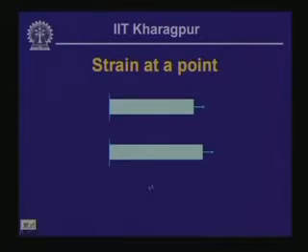Now, when we are calculating the strain for the deformation delta, we are assuming that there is uniform deformation in the entire length of the bar. If the deformation is not uniform, if we compute the strain from delta by L, we are assuming the strain on an average sense over the entire body.